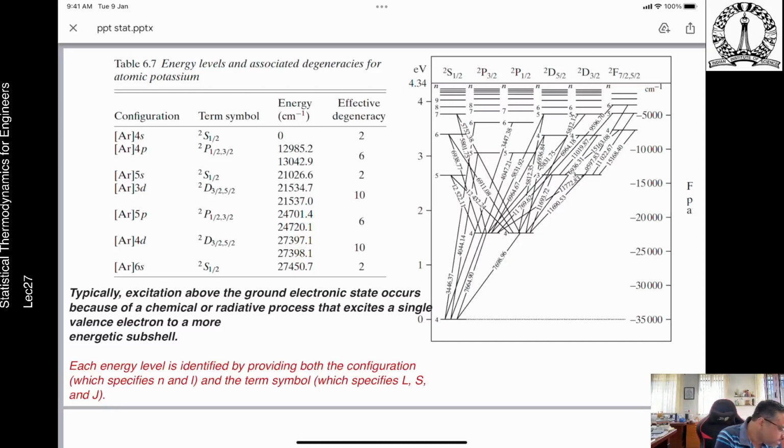You can see a few things. There are some intense resonance lines at 7665 and 7699. These are observed even at very low potassium concentrations. These are the two resonant lines that are readily available.